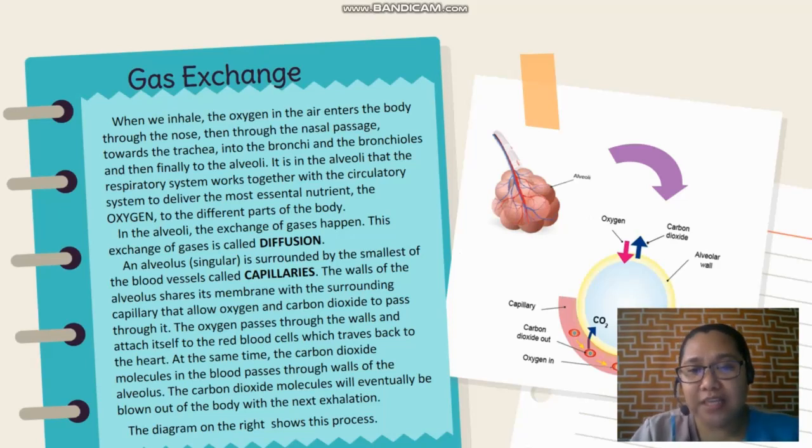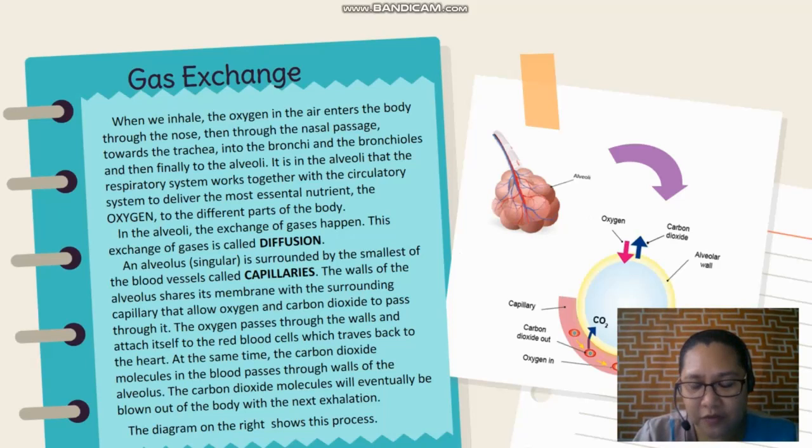So we have the diagram on our right side that shows this process. We have the blow up of the alveolus on the illustration below. Surrounding an air sac is a capillary. This is where the exchange of gases happens.